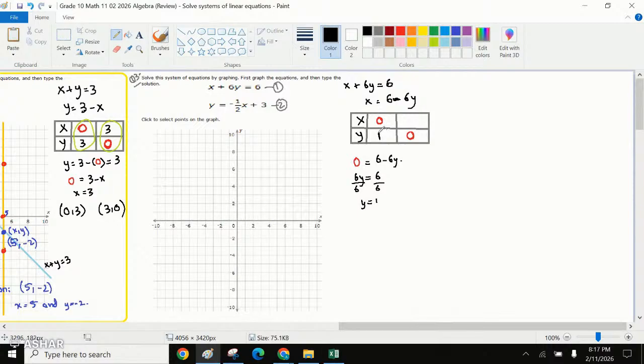So the first coordinate comes out to be (0, 1). Now we put y to be 0 and find the value of x. That would be 6 times 0 is 0, and x comes out to be 6 in this case.